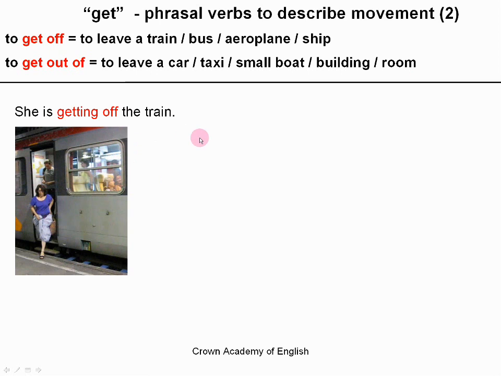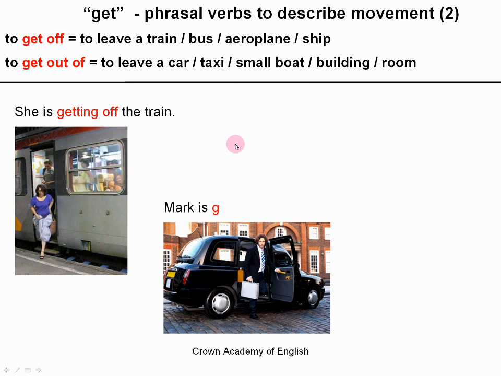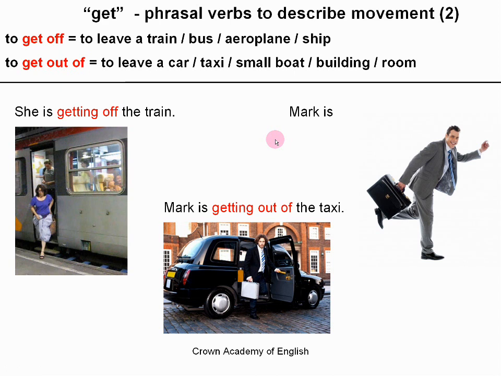She is getting off the train. Mark is getting out of the taxi. And Mark is getting out of the office. So he's leaving the office. Okay? So these are very, very common and very important phrasal verbs.